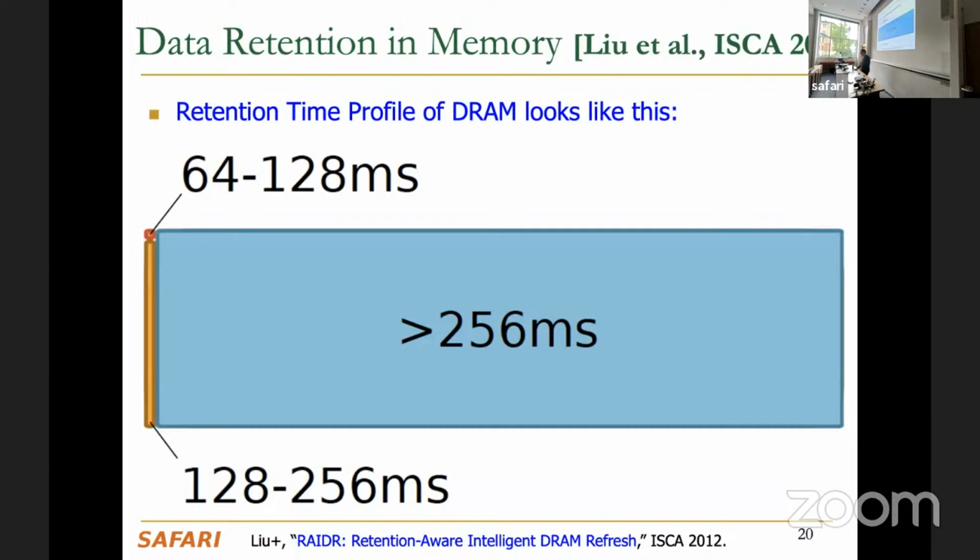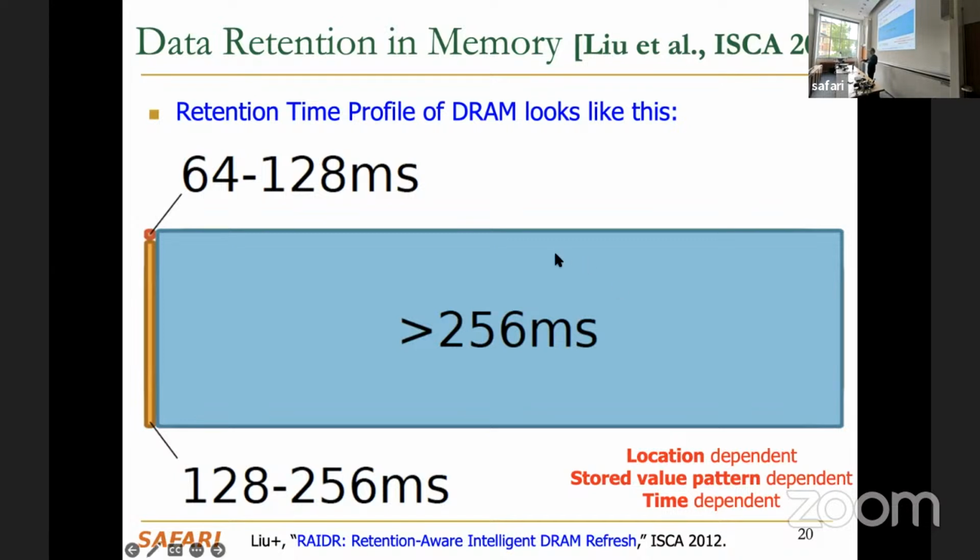Now, we published this work, but then we realized using our infrastructure that this is not that easy, because not only is the retention time, how long a cell retains data, dependent on the location of the cell in the chip, which you need to identify, but it's also dependent on the value stored in that cell and the value stored in the cells around it, because this determines capacitive coupling between the cells. There's a lot of electrical interference between the cells and the wires used for accessing cells, which means that retention time is a dynamic value that's dependent on the value stored in the cell.